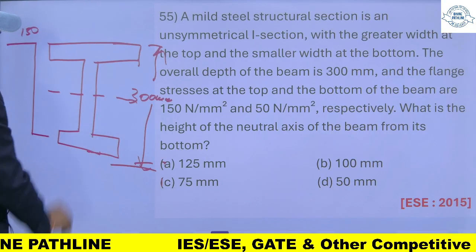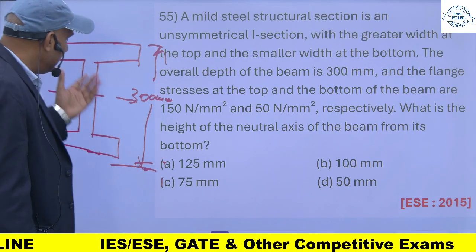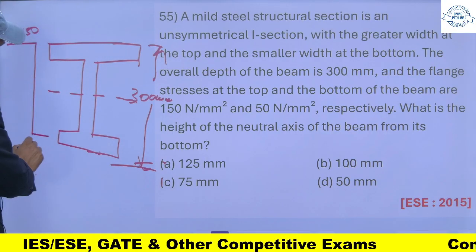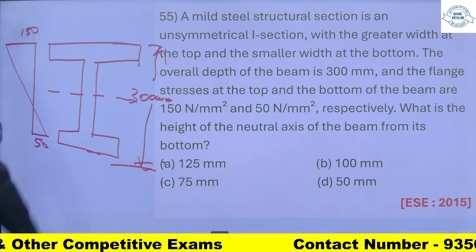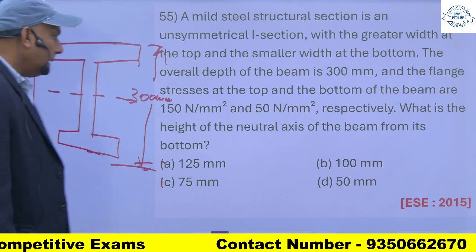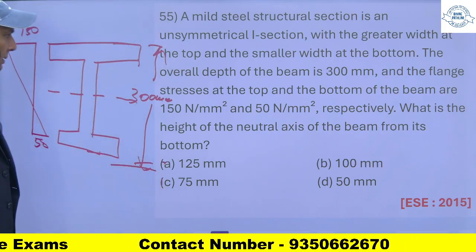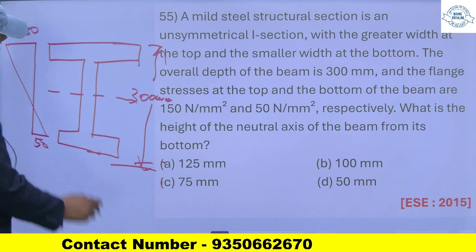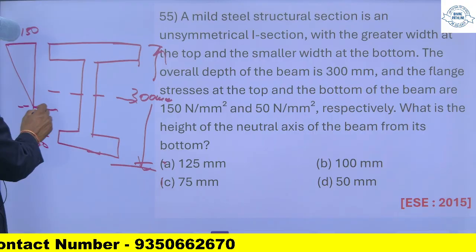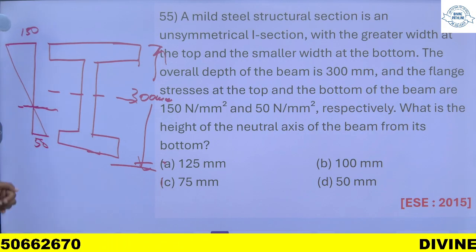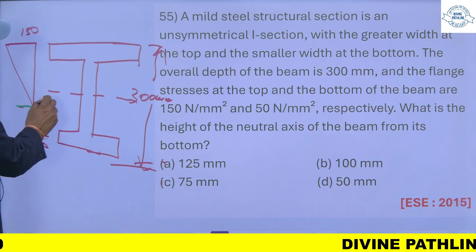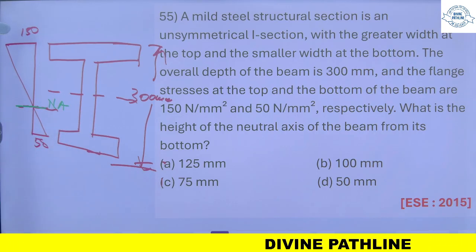Suppose this will be under compression and this will be under tension, normal case. What is the height of the neutral axis from the bottom? Where the stress changes from compression to tension, this is my neutral axis line.